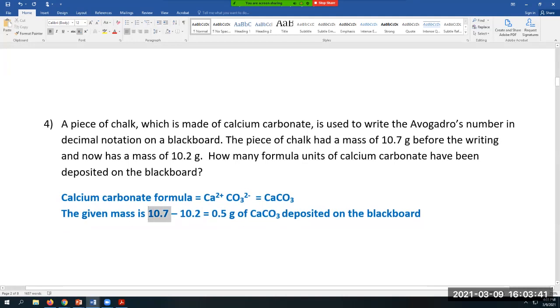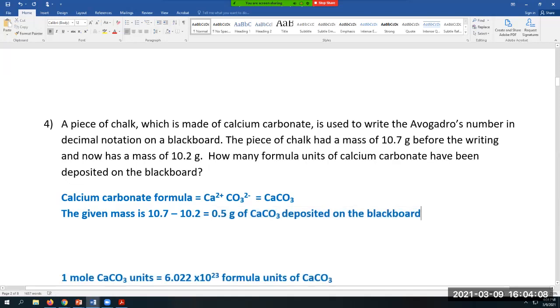Because you do 10.7 minus 10.2, and that's a difference of 0.5. We keep 1 decimal because both numbers had 1 decimal. So we have 0.5 grams of calcium carbonate left on the blackboard. And we want to know how many formula units of that are in those 0.5 grams.